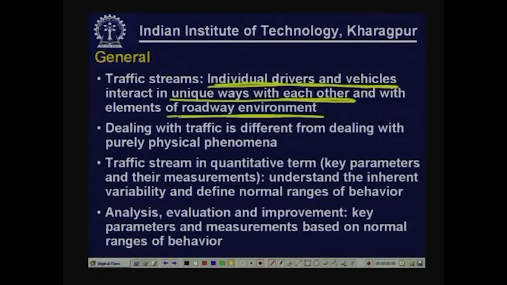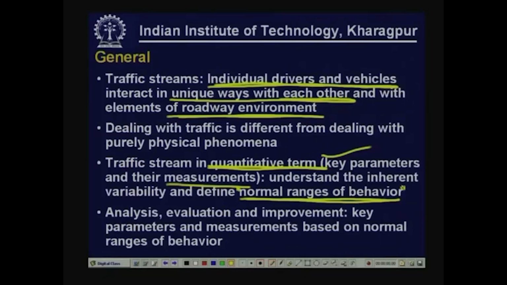We try to define traffic stream in quantitative terms. Quantitative terms essentially mean key parameters and their measurements. Basically, we try to do that to understand the inherent variability and define normal ranges of behavior. Carefully observe this statement, normal ranges of behavior.